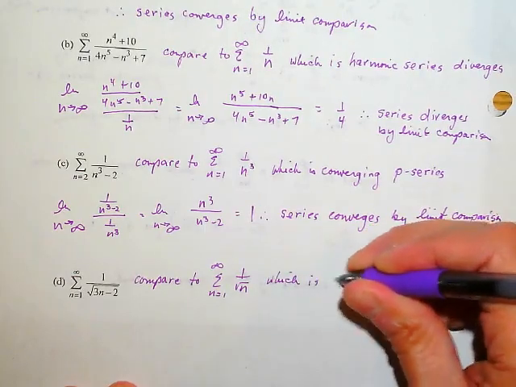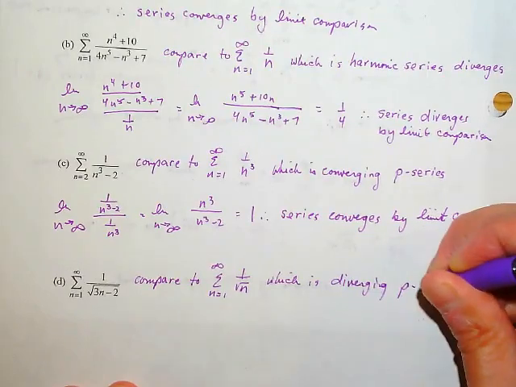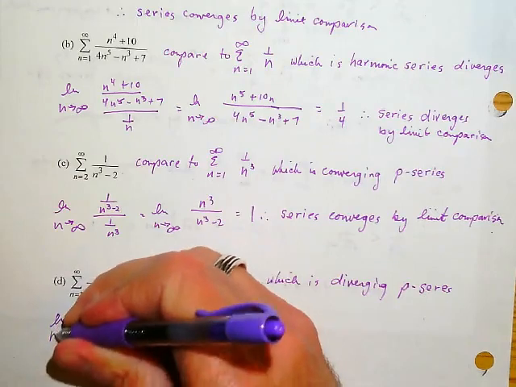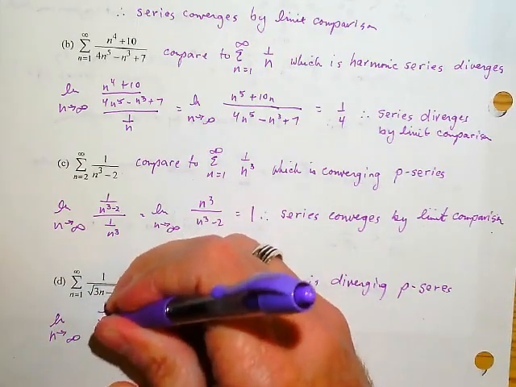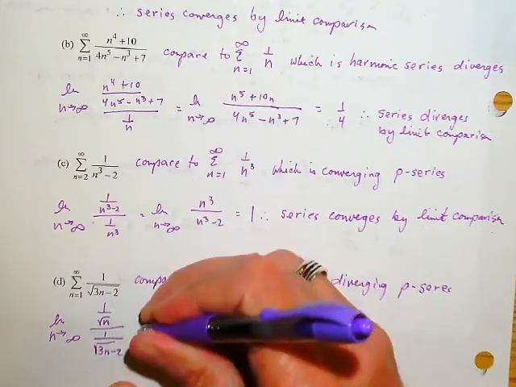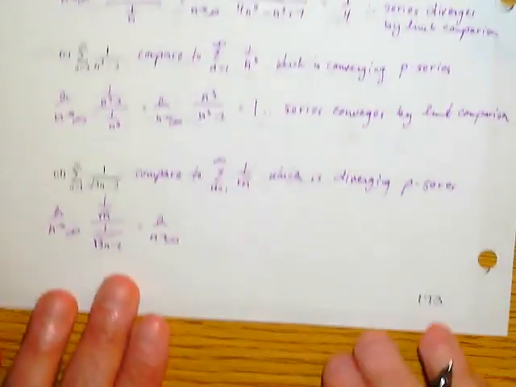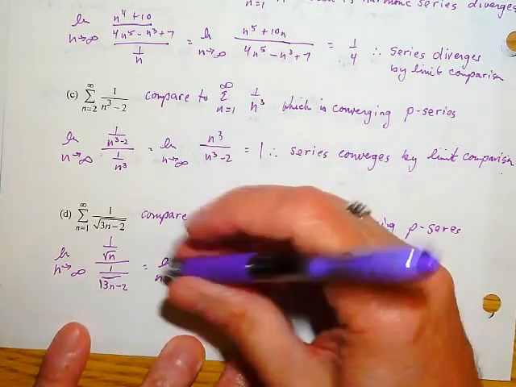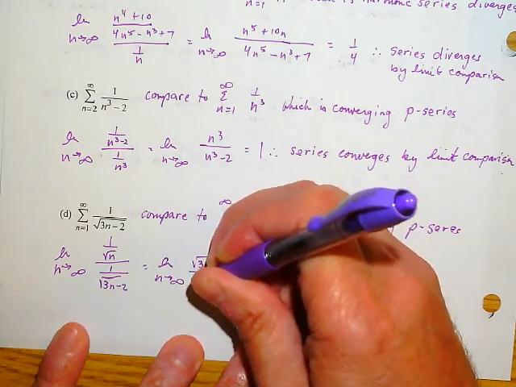Which is a diverging p series. So I'm going to take the limit as n approaches infinity of 1 over square root of n over 1 over square root of 3n minus 2, and recombine those terms here. It's going to be the limit of square root of 3n minus 2 over square root of n.